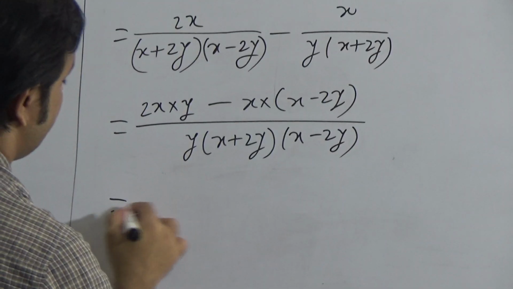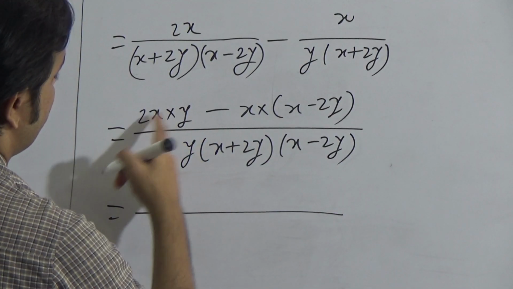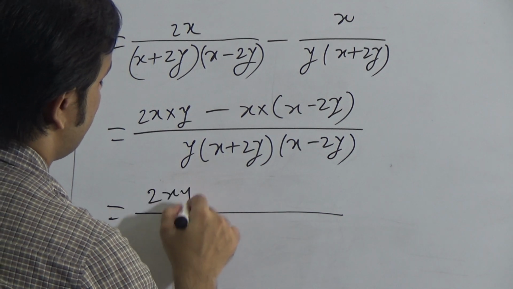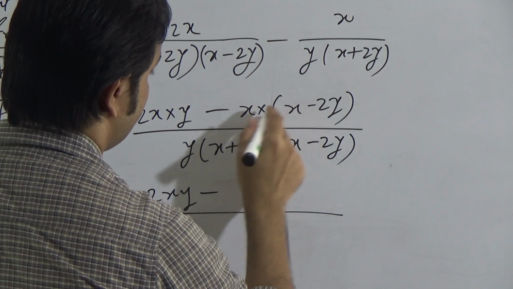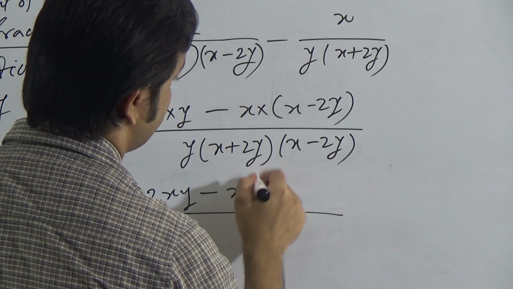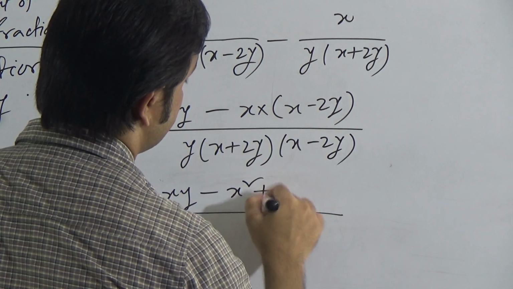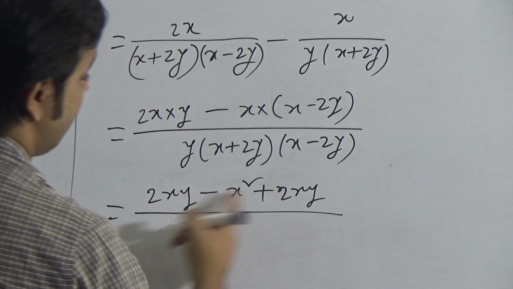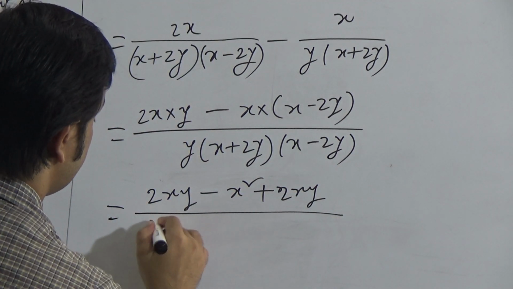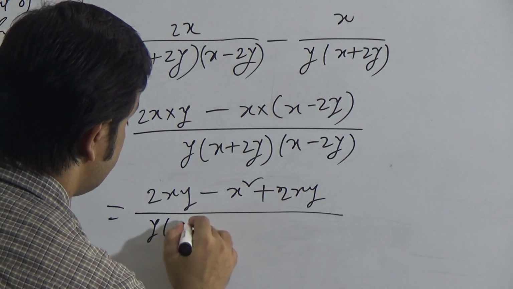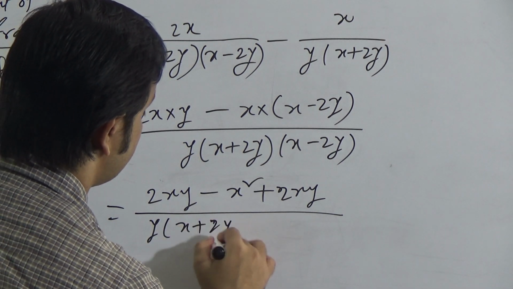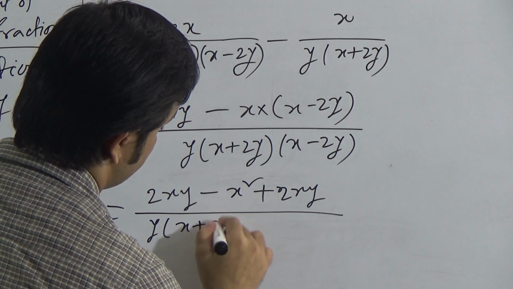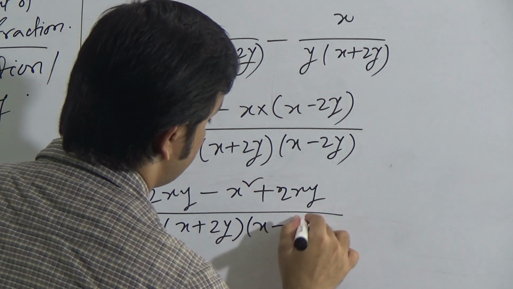If we multiply, we will get 2x into y, means 2xy, minus x square, then minus and minus is plus 2xy. Here 2xy, 2xy. The denominator remains the same, x plus 2y into x minus 2y.